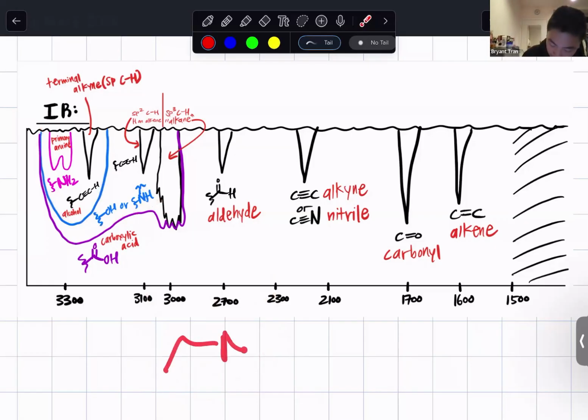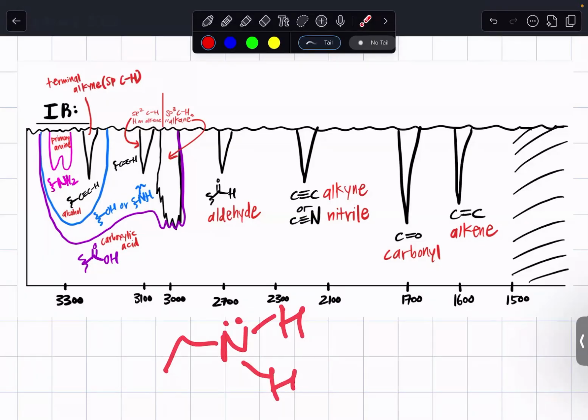If you have a primary amine like this, the primary amine has two hydrogen bonds because this nitrogen atom has two bonds to hydrogen, which is going to be this and this right here. So that's why we see a fang-like structure right here, which shows two hydrogen bonds.